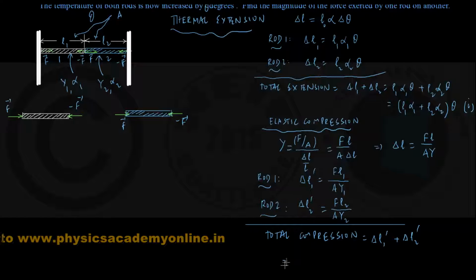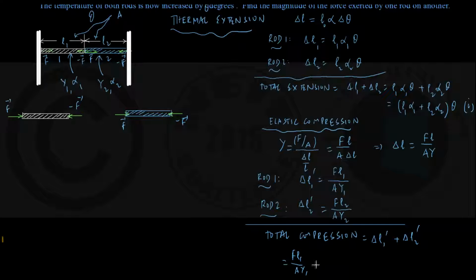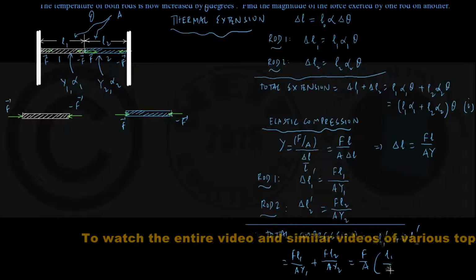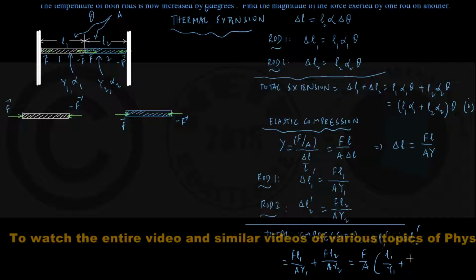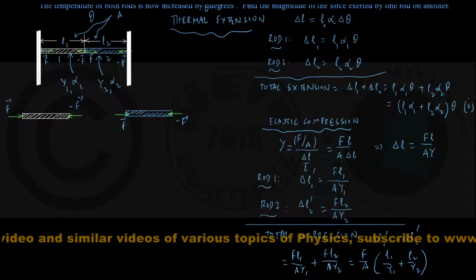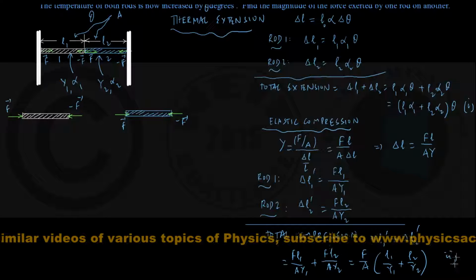This is F into L1 by A into Y1 plus F into L2 by A into Y2. If I take F upon A as common, I am getting inside bracket L1 by Y1 plus L2 by Y2. Just check this one. This is my question number 2.